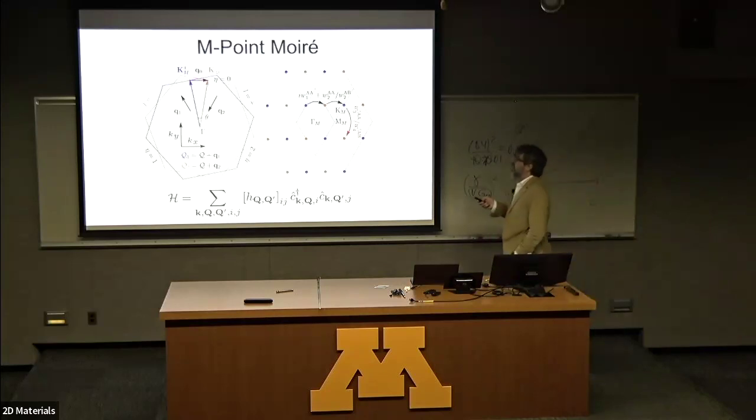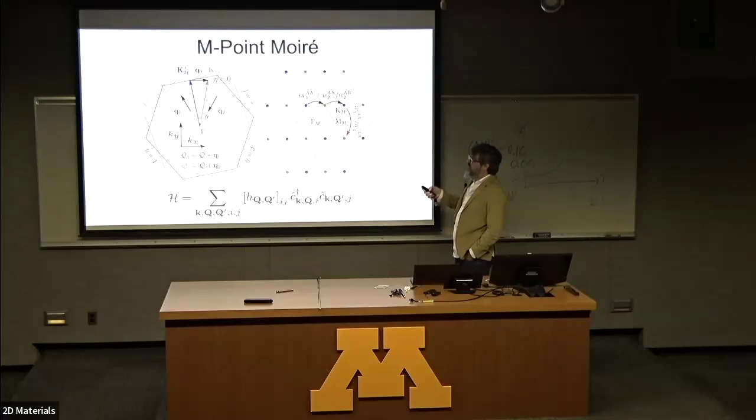Okay, and if I look at the first order, just the nearest neighbor couplings of the Moiré potential, you can see that there's the same distance from here to here. If I change this dot to this dot and translate, I'm going to get the same Hamiltonian.